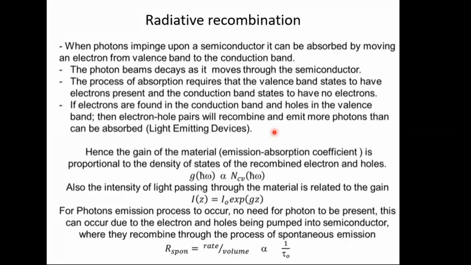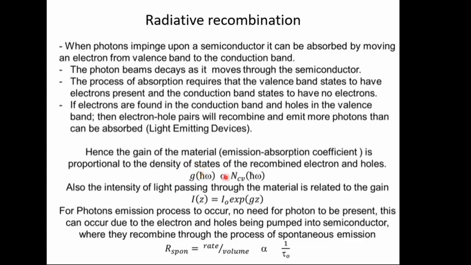They can recombine with each other and then they will emit again an electron from the valence to the conduction, so the conduction will absorb that, and this is what we call light emitting devices.